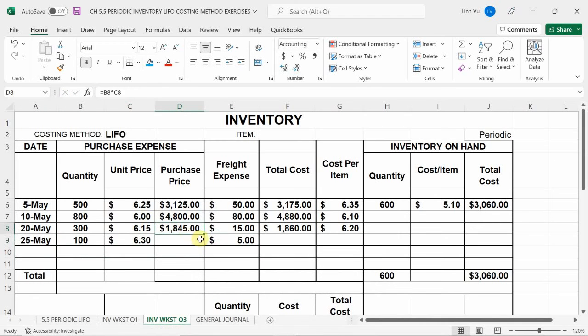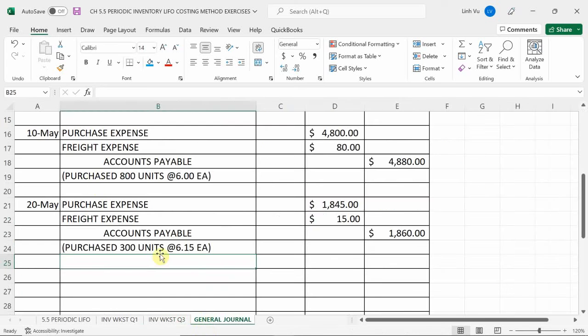Okay, that'd be $6.30, and it'd be 635 for the total cost. And the cost per item, $6.35. Okay, and again, you're going to plug that into your journal once again.